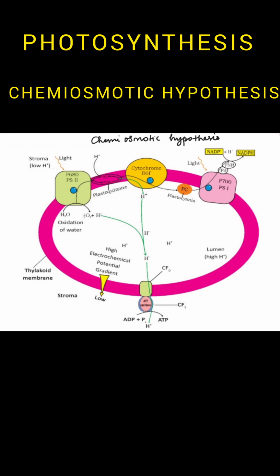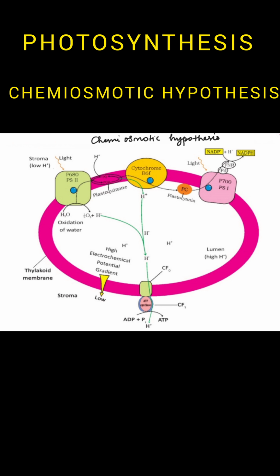These two are the products of the light reaction, and they are utilized in the dark reaction for the synthesis of food, that is glucose. Now see how the ATP and NADPH are generated.